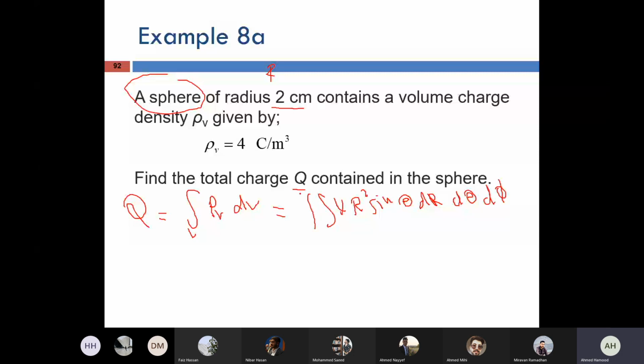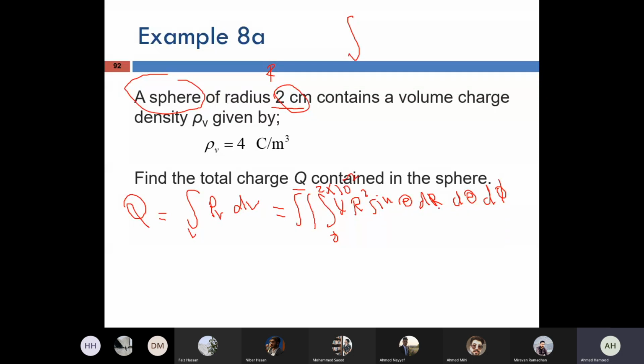The first integration is for r. This r, we have it from here, so the integration for r is from 0 to 2 centimeters. 2 centimeters is 2 multiplied by 10 to the power of negative 2.